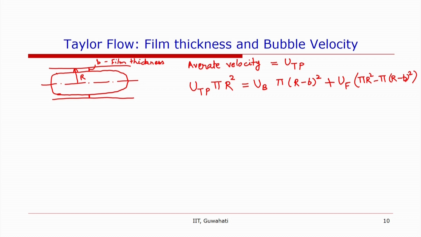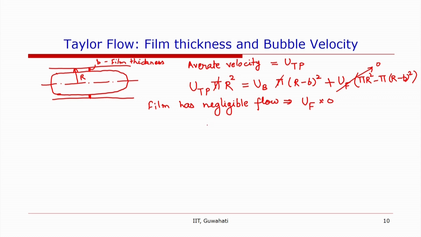Now film has negligible flow. When we talk about the film, I am talking about the constant thickness film region. So that implies that UF can be neglected. So this term goes away, and pi and pi also cancel out.